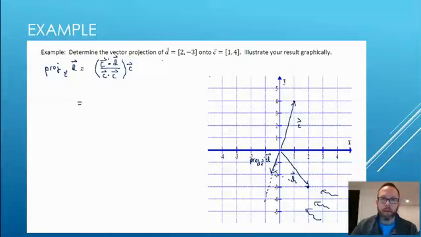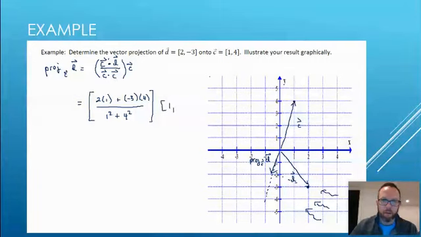All right, so now we can begin. You can do this in as many steps as you like to feel comfortable. So C dot D, you might even be able to shave off a step from what I do. That would be 2 times 1. I just did kind of D dot C there. I did 2 times 1, that's okay. And then plus -3 times 4, multiplying the coordinates like that. C dotted with C will be 1 squared, 1 times 1, plus 4 squared, 4 times 4. And then vector C is the vector 1, 4. So what do we get on top?